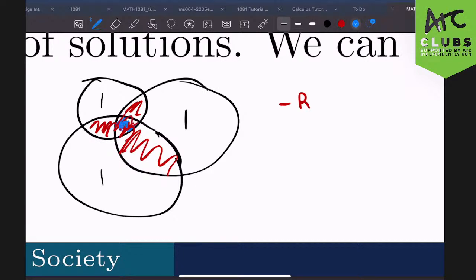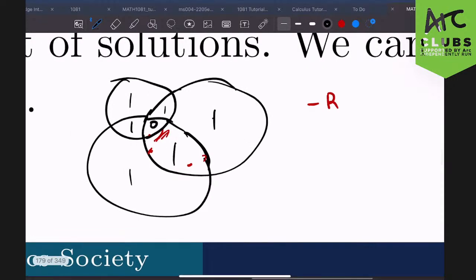So what you'll find is that you would have counted this section once, and this section once, if you subtract it once and once, but then this middle part will be counted 0 times. In order to make this only counted as once, you need to add this part again.